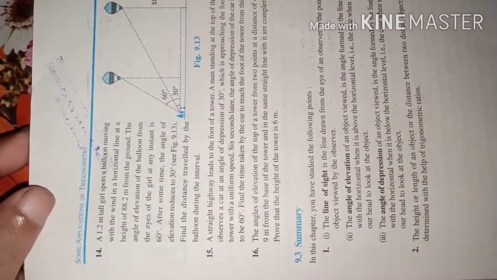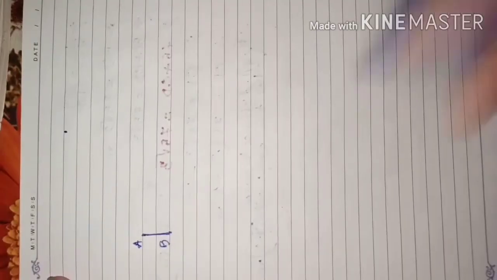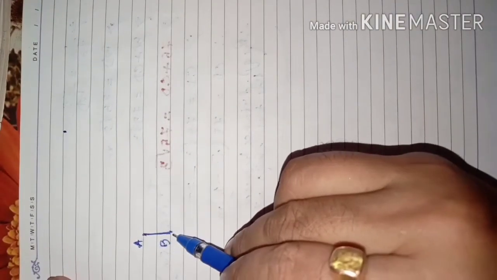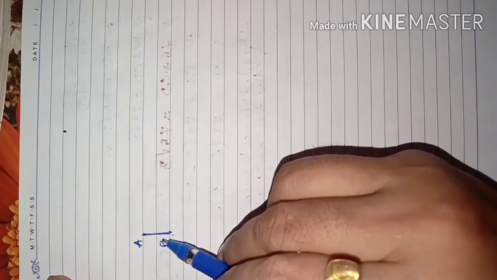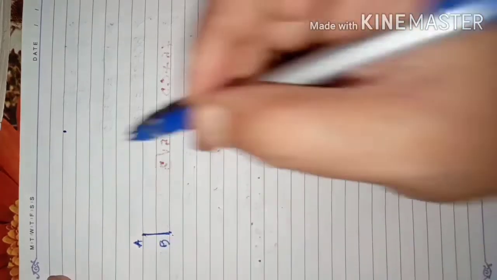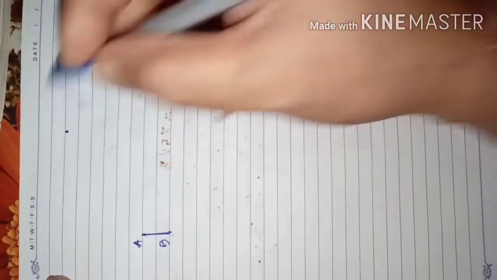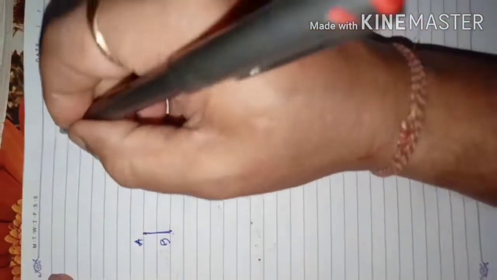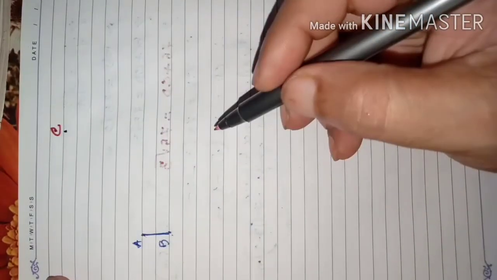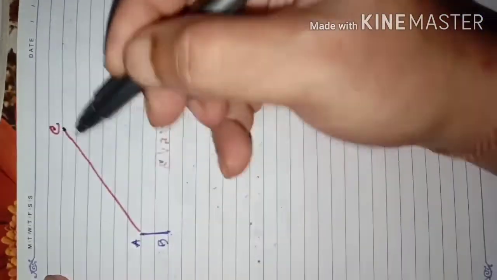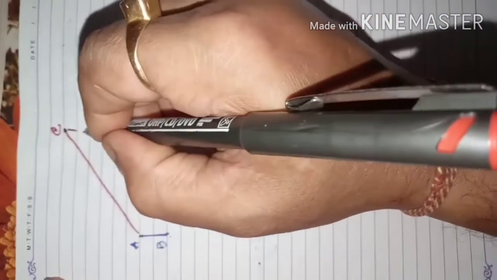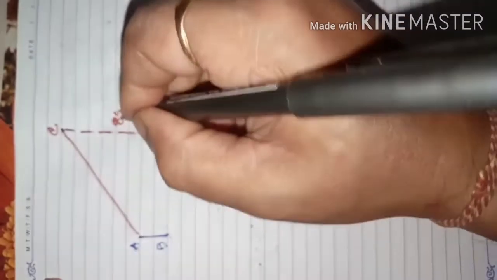Let us understand by means of a diagram. Suppose by this line segment AB, I represent the height of the girl, 1.2 meter tall girl, and she spots a balloon here. Suppose C is the position of the balloon. She is looking at the balloon this way. Then the height of this balloon from the ground is told to us, that is 88.2.